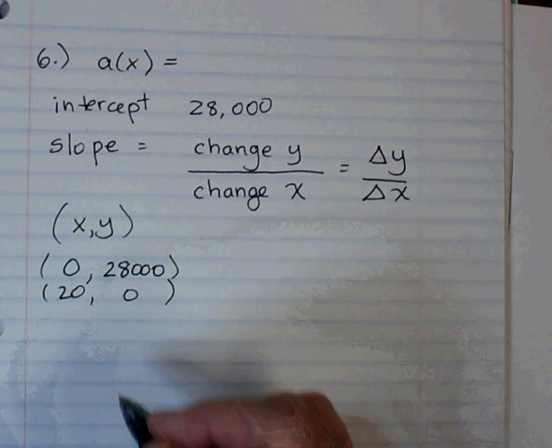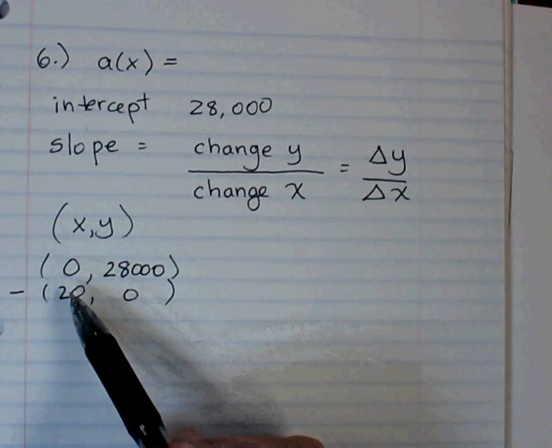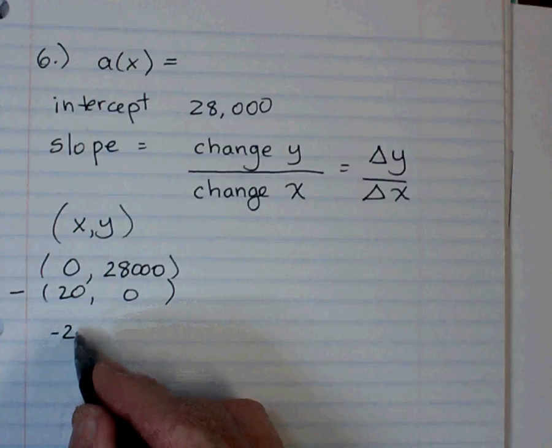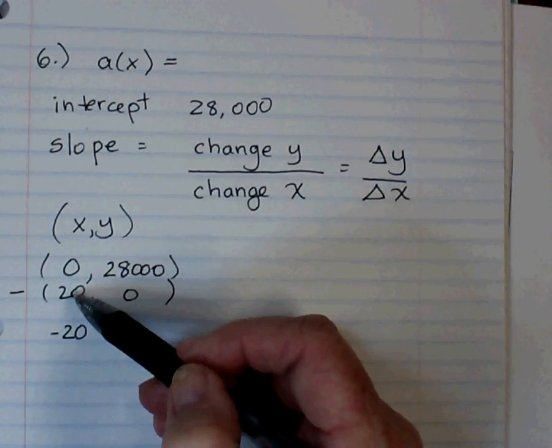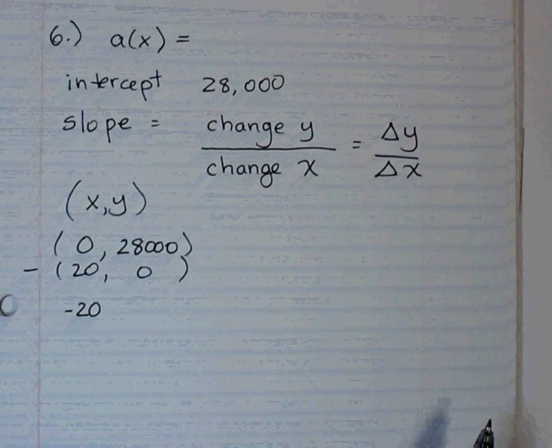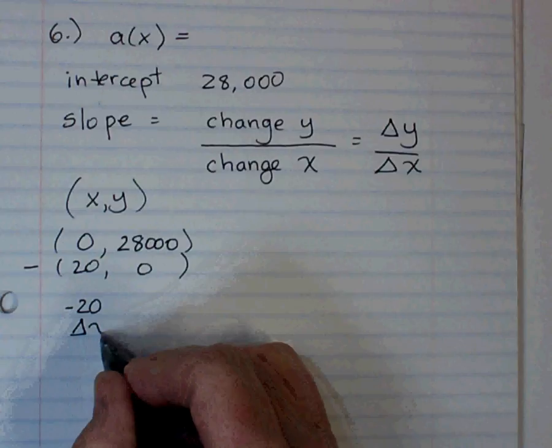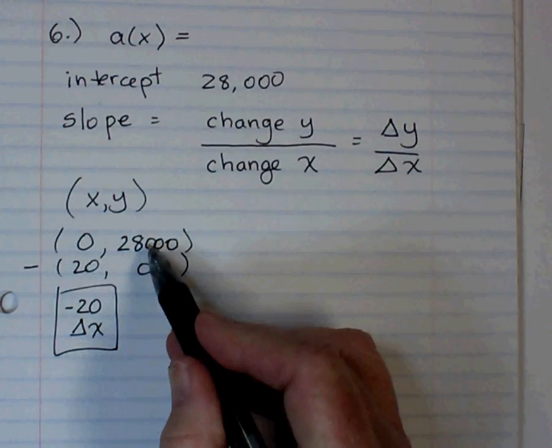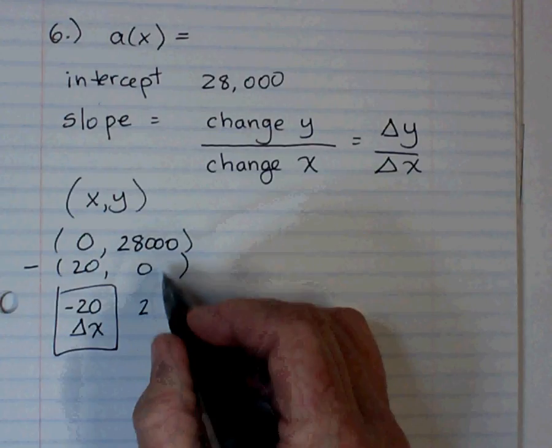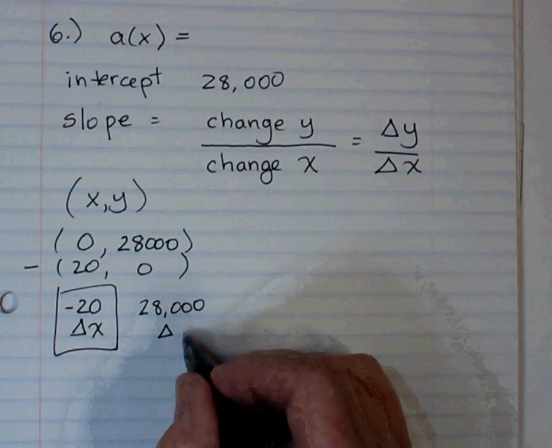Okay, it's easy subtraction. So I'm just going to subtract these numbers. 0 minus 20 is negative 20. So I start at 0 and I have to take away 20. I'm obviously in the negative, negative 20. Okay, and that is my change in x. 28,000 minus 0. It would be easier subtracting 0. And that's my change in y.